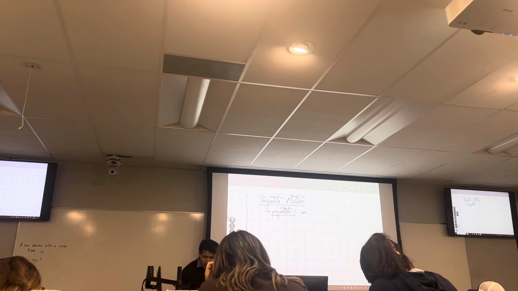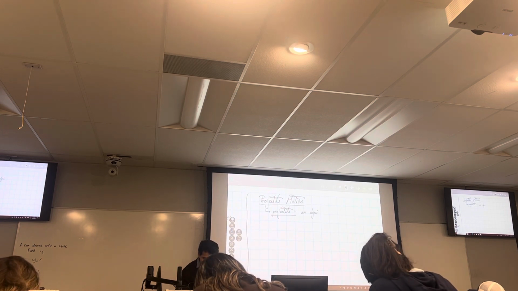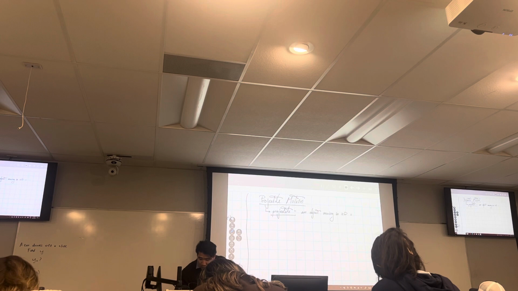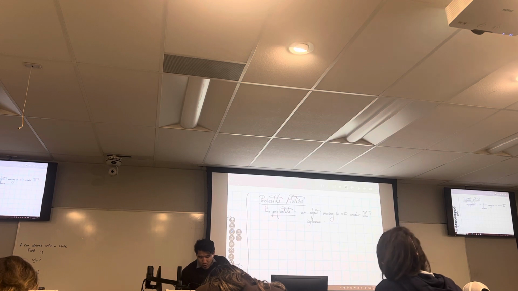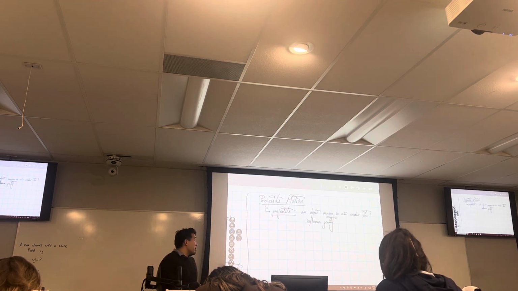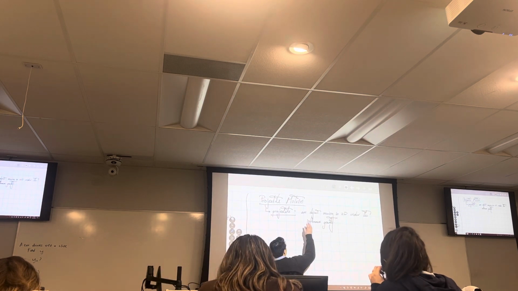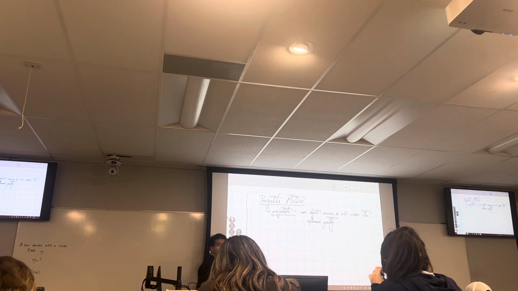It is an object moving in 2D under the influence of gravity. Now, one of the things in common you guys should see with free fall, with inclined plane, and with projectile motion is the keyword of gravity.